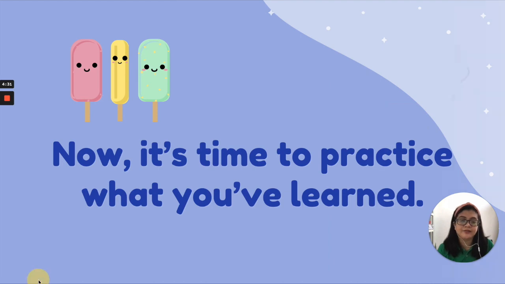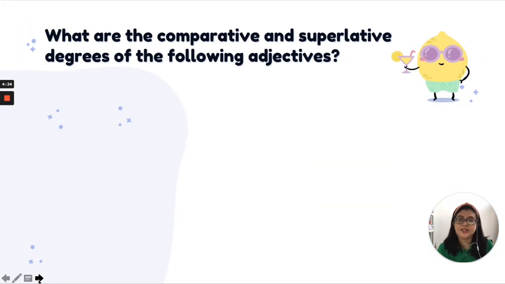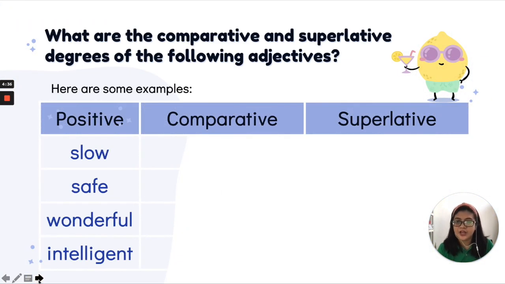Now it's time for you to practice what you have learned. We have here four positive degree forms of adjectives. I want you to think. Maybe you can write it on a piece of paper. I'll give you one minute to figure out how to write the comparative and superlative forms of the following adjectives.